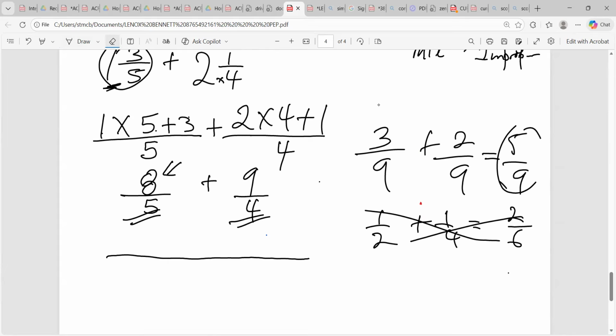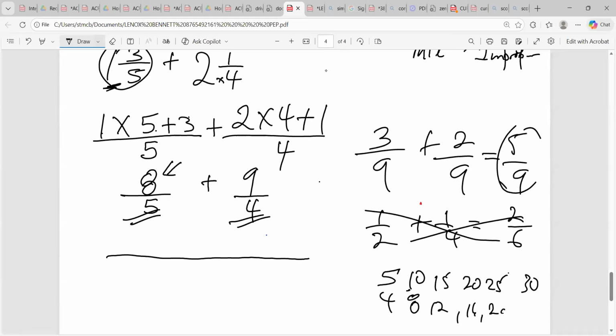Let's do that. 5 and 4. So 5 and 5, 10, 15, 20, 25, 30. Same thing for 4. 4 plus 4, 8. 8 plus 4, 12. Plus 4, 16. Plus 4, 20. Seeing that the LCM is 20. So 5 into 20 goes 4 times.